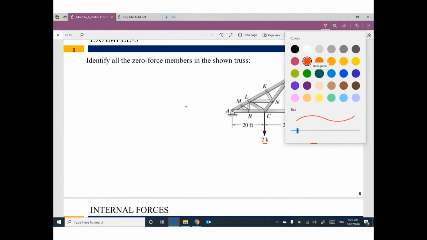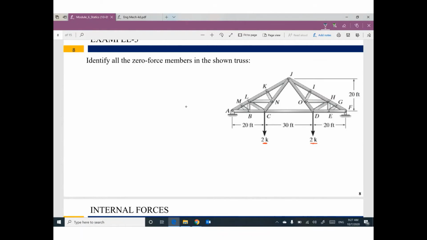We have a hinge, so we have 2 reactions, one called XA, one called YA. We have a roller, so we have one reaction, FY. And remember, reactions are considered external forces.